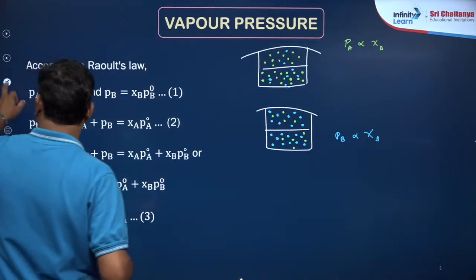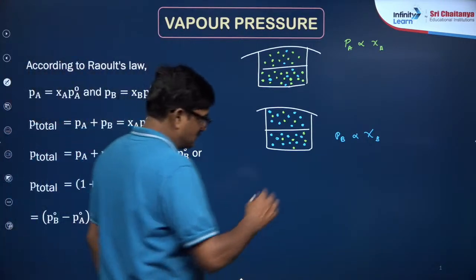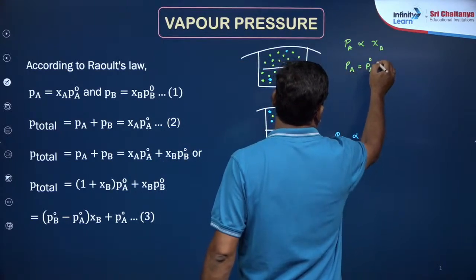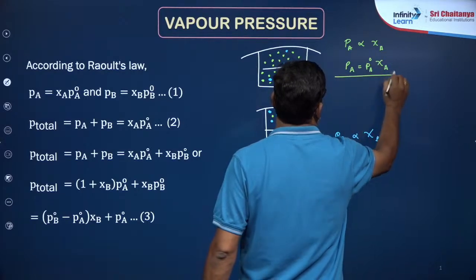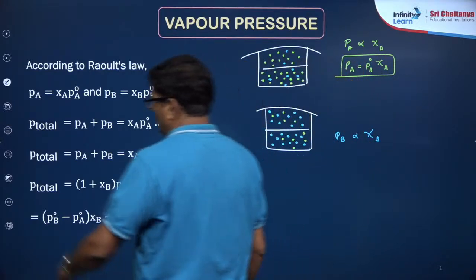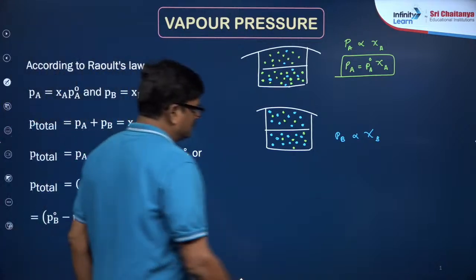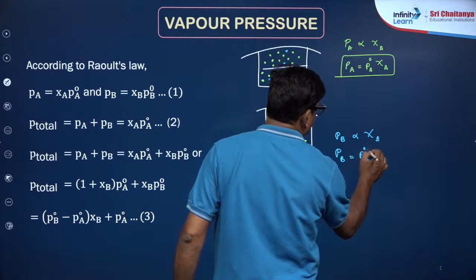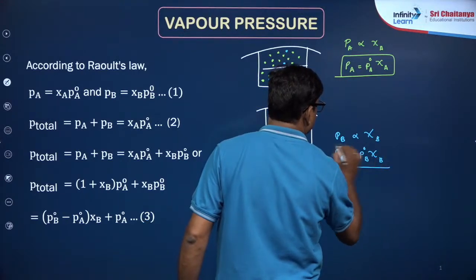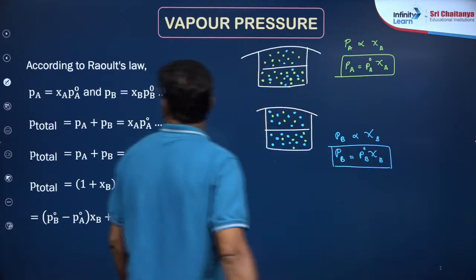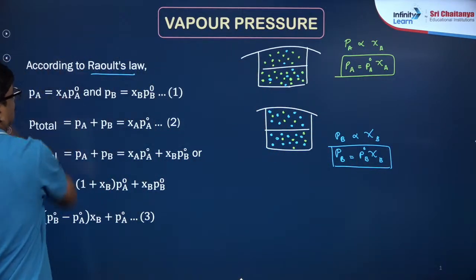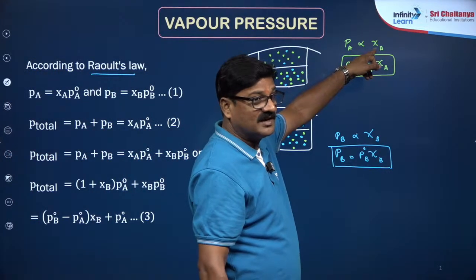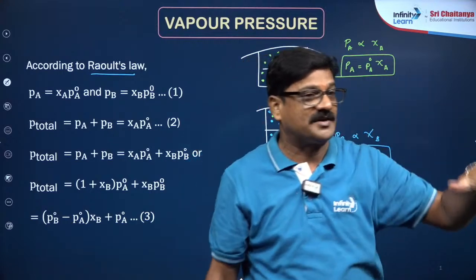So it is given with PA is equal to P naught A mole fraction of A. Similarly, PB is equal to P naught B mole fraction of B. This is what is called as Raoult law. Raoult law says partial vapor pressure is directly proportional to the mole fraction.